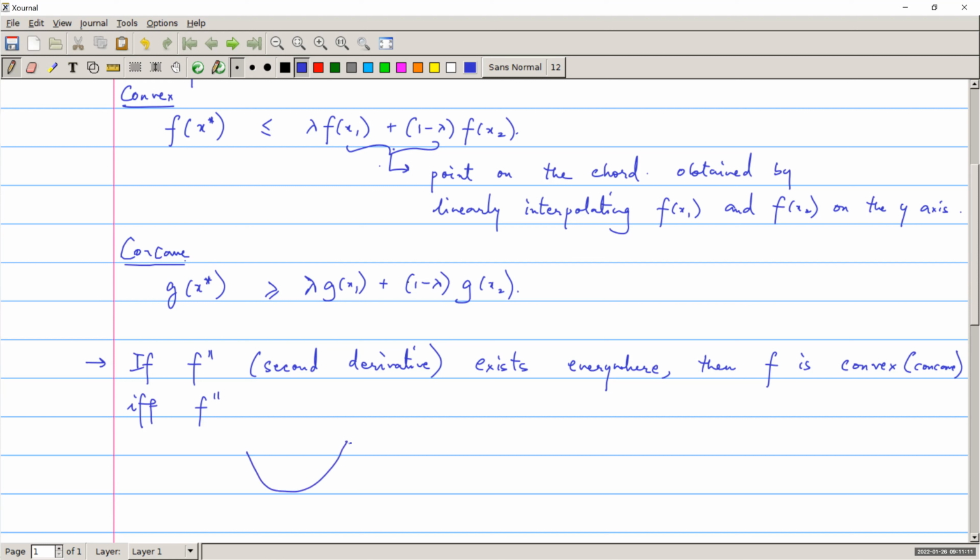If you have a function that is like this, this is convex. The derivatives at different points are like this: the slopes of these tangents are the derivatives. What is happening to the derivative?